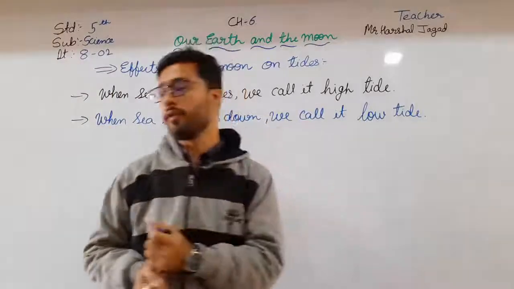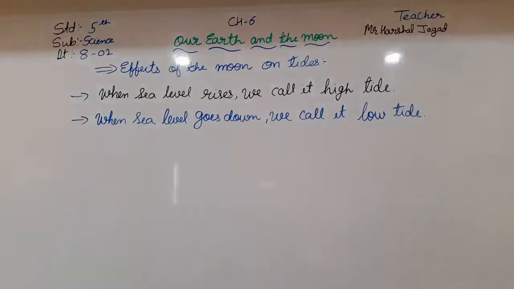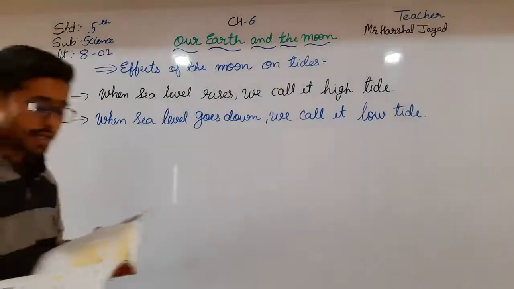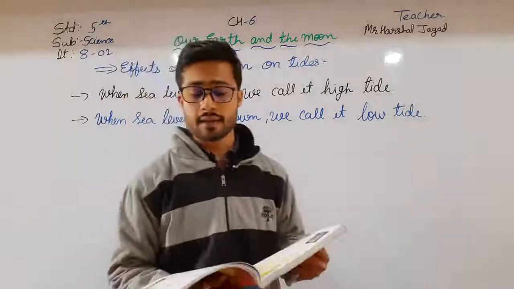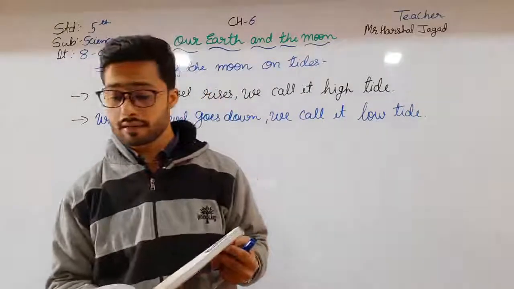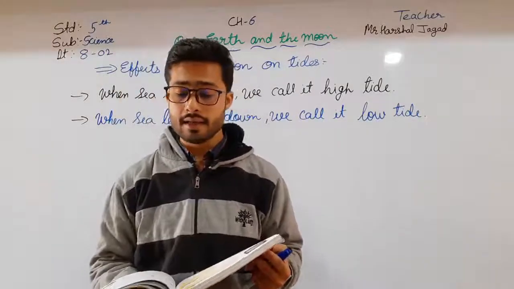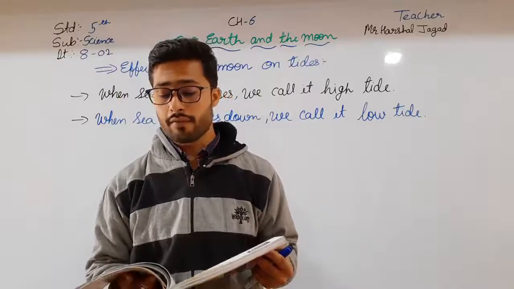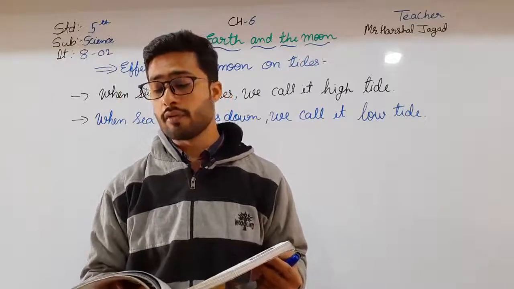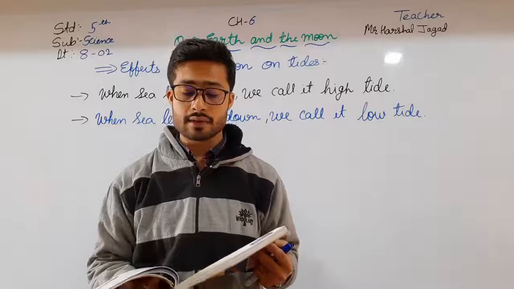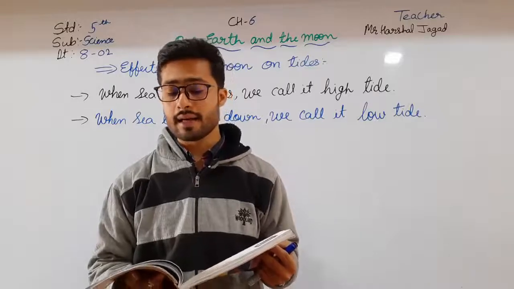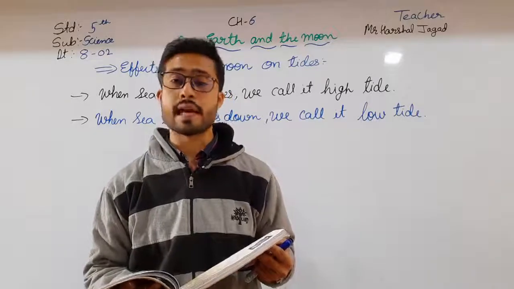Okay students, moving further, here it is. On full moon and new moon days, the sun, the moon and the earth are in a straight line. The combined effect of the sun and the moon pulls the water from the seas, so tides are highest then. They are called the spring tides.